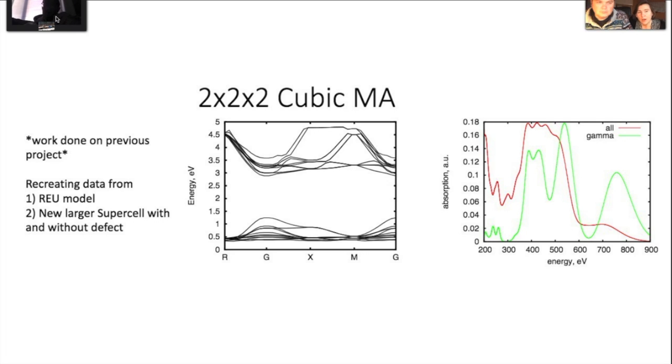Then here's my question. When you have a gamma point, you expect that you have fewer transitions, right? You expect that you're missing a few contributions because you're not including all K points. Then how do you explain that your lowest energy peak is actually significantly higher for gamma point rather than when you include all K transitions?